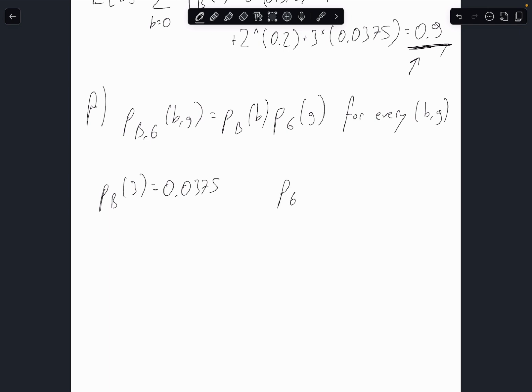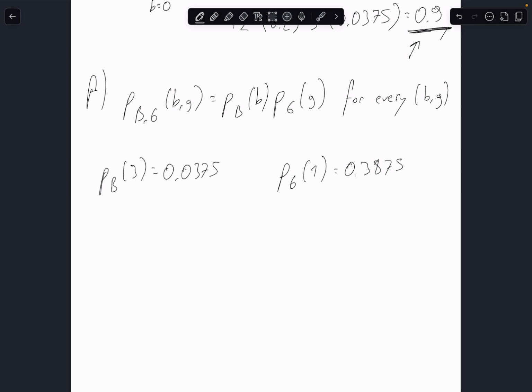Probability of having 1 girl is 0.3875. Their product will be equal to 0.0145.